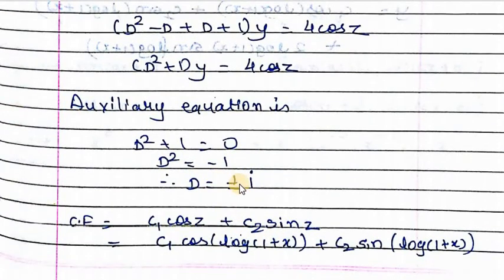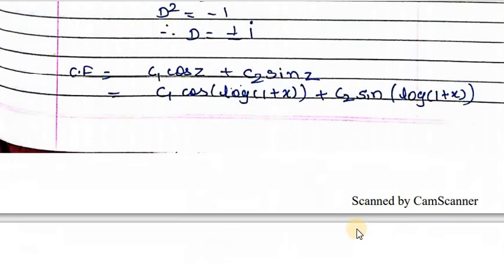So real part is 0 and the imaginary part is 1. So CF is C1 e raised to 0z cosine of 1z, but e raised to 0z is 1, so no need to write down 1, plus C2 e raised to 0z sine 1z. Again e raised to 0z will become 1, so no need to write down 1. Now replacing z by logarithm of 1 plus x, CF is C1 cosine of logarithm of 1 plus x plus C2 sine of logarithm of 1 plus x.